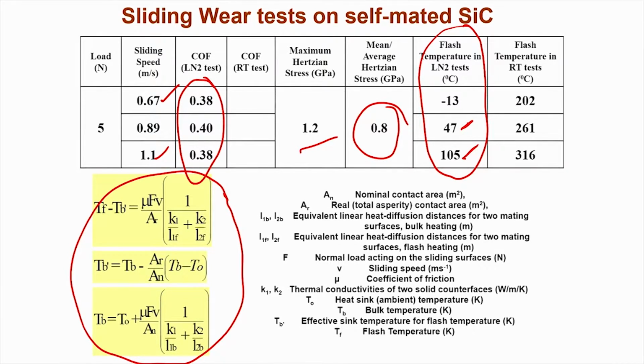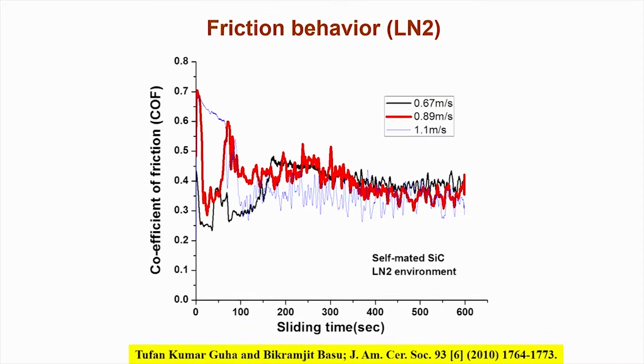And flash temperature we also calculate in the room temperature environment. Now, this is how the coefficient of friction evolves with time for the tests that we have conducted up to 10 minutes, that is up to 600 seconds.